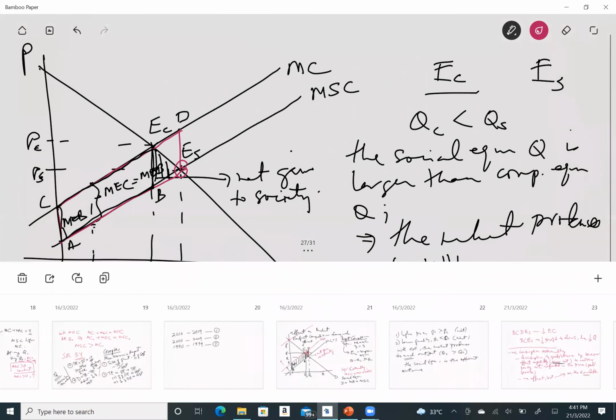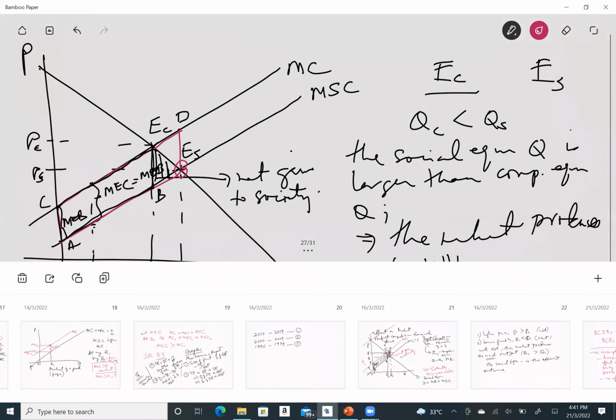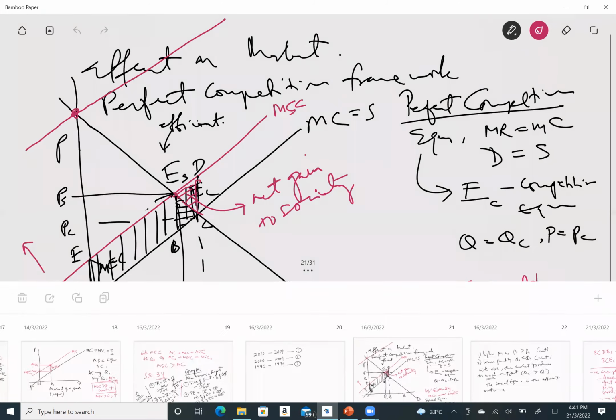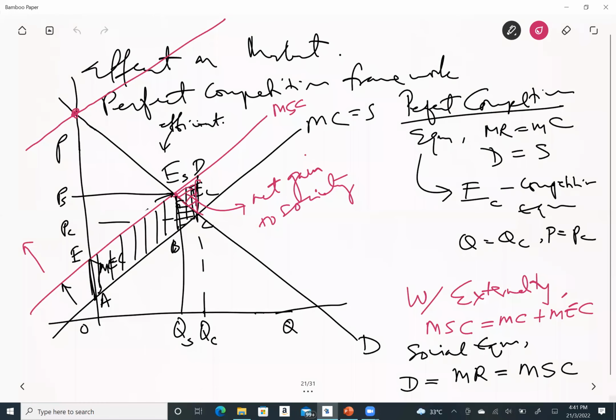If it is negative production activity, we do the bargaining, and we end up again at the social equilibrium. That is the good thing about the social cost theorem. Given the two assumptions, we bargain, and that will lead to the social equilibrium. Any question?